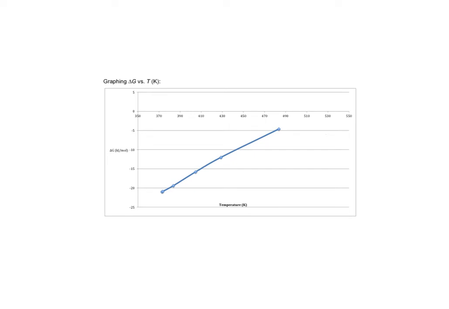this is an Excel plot graphing the change in free energy versus the change in temperature. There are 6 data points, although 2 of them are taken at temperatures very close together, so they're nearly on top of each other.